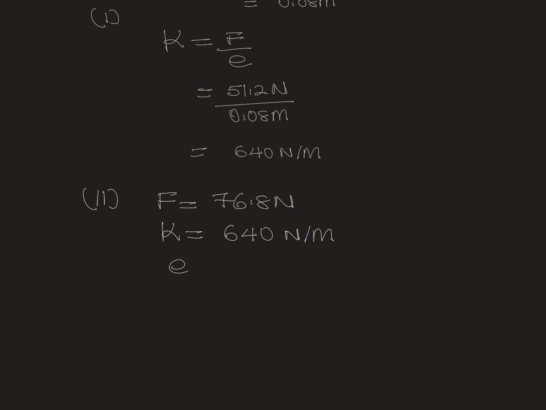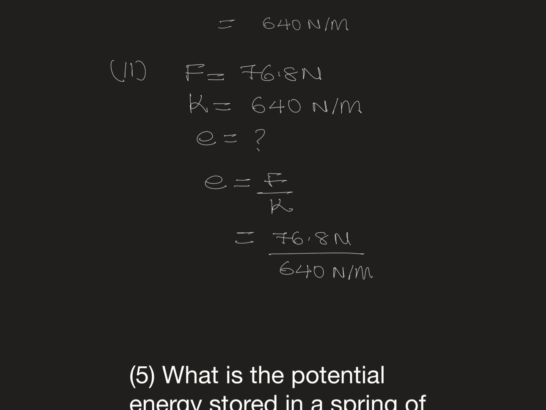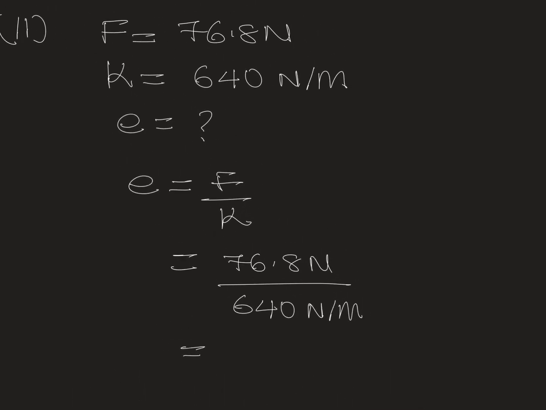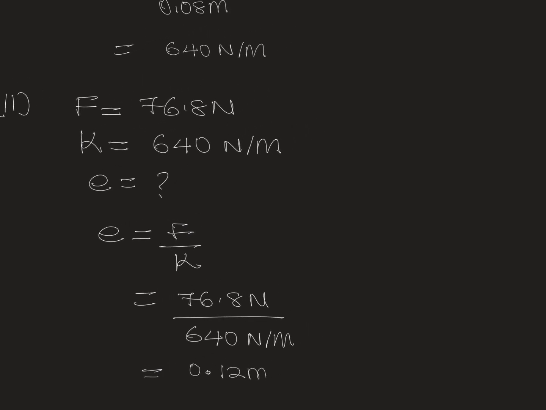With this, we can find the extension. So extension is equal to the force divided by the spring constant. That will be 76.8 newtons divided by 640 newtons per meter, which is 0.12 meters.